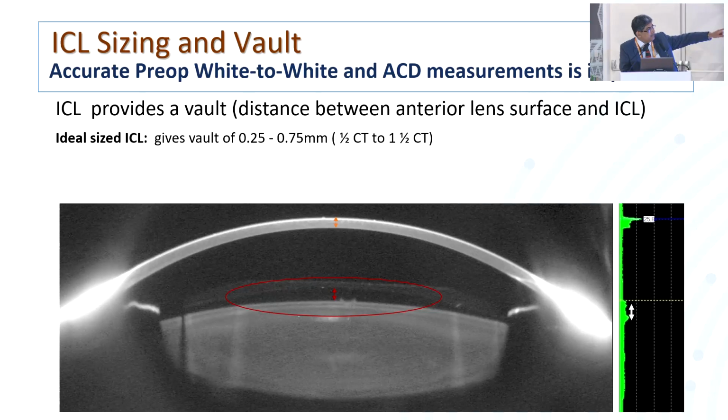We see the thickness of the cornea, and then the distance between the posterior surface of the ICL and the anterior surface of the crystalline lens. If our average corneal thickness is 500 micron, and this is nearly the same or slightly more, then this patient has a good vault.